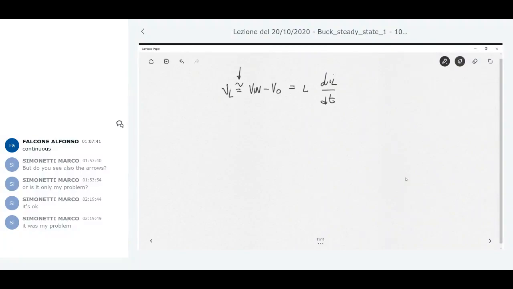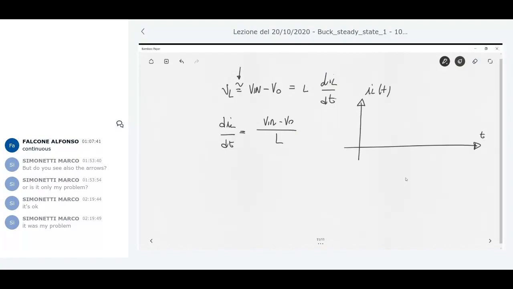So what does it mean then? The time derivative of the inductor current is V in minus V naught divided by L. Since we have a ratio of constant quantities, I can say that the current through the inductor is rising.